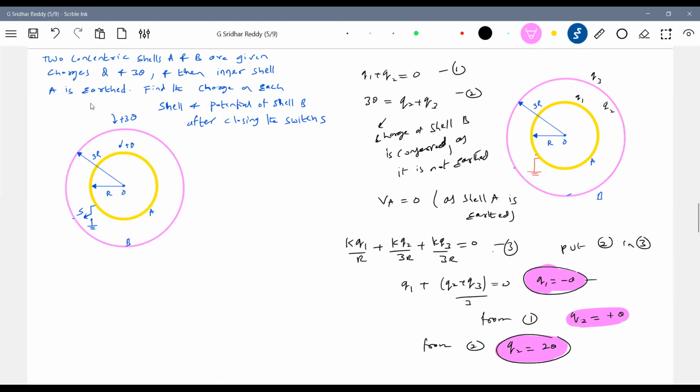Look at the procedure once. Now shell B, which is not earthed, what is its potential? How to calculate it? The formula is VB equals K Q1 by 3R, plus K Q2 by 3R, plus K Q3 by 3R.